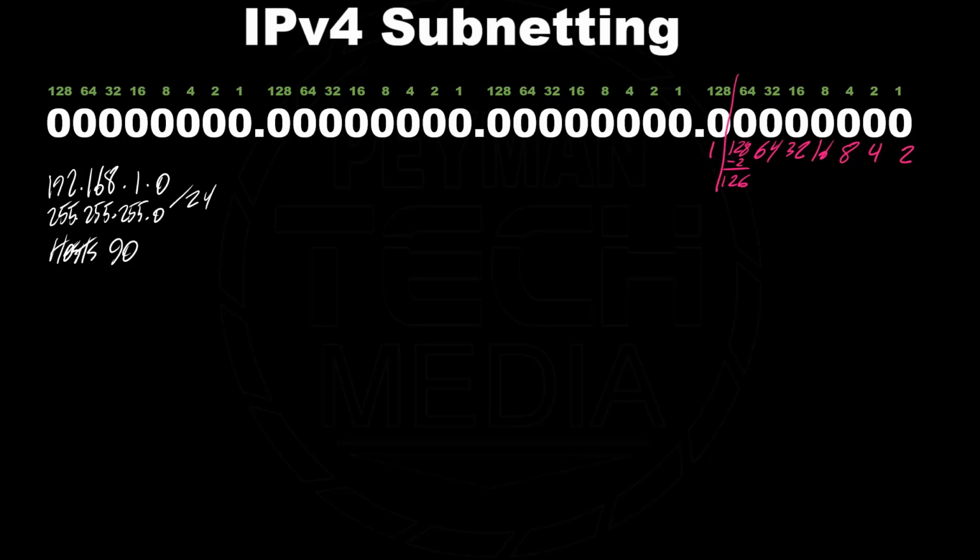So originally the default subnet mask, our cut line is here. So we have all the 24 bits turned on and the last 8 bits turned off. But asking for 90 hosts, when we do the subnetting, you see this is the original cut line, the default subnet mask for class C. We moved it to the right.